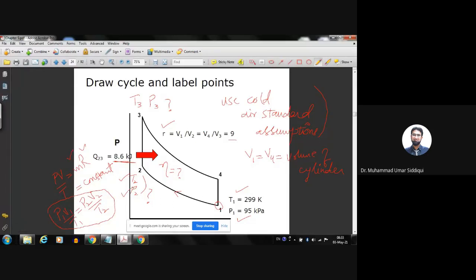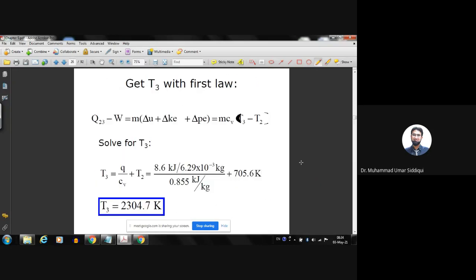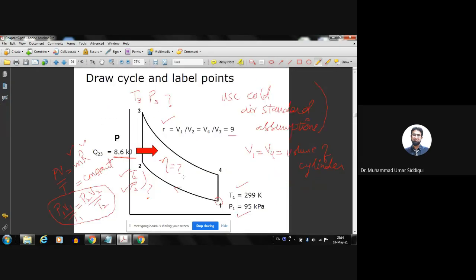It's actually not done here, but you can do it yourself and determine P2.